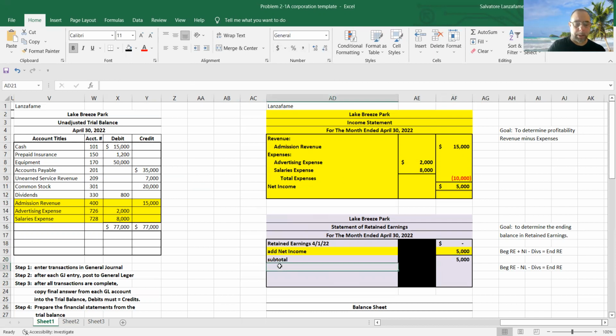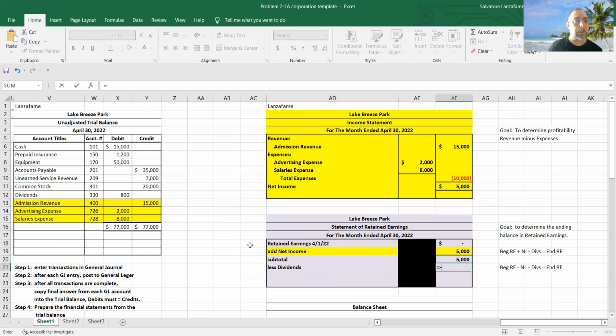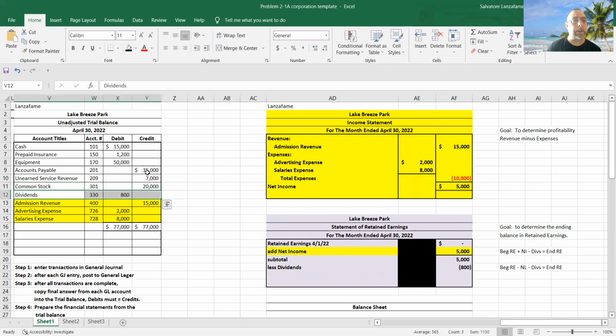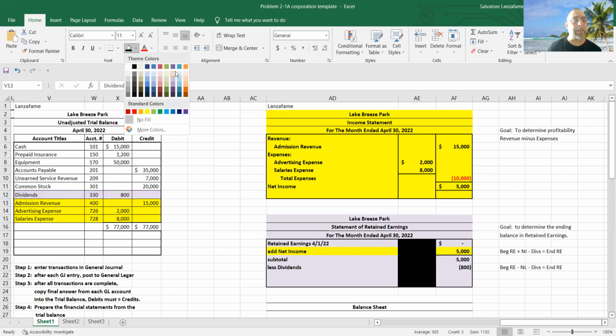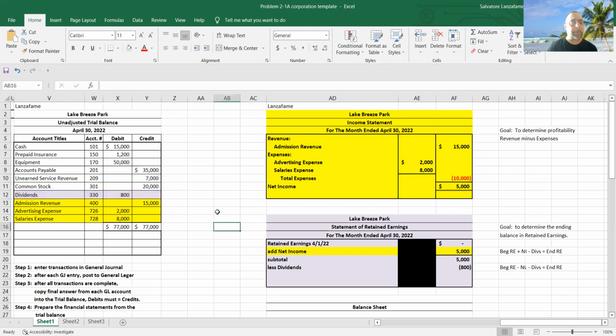Now I want to subtract out my dividends. And my dividends, if you recall, were $800. So really, from the unadjusted trial balance, the only thing I'm bringing in was my dividends.